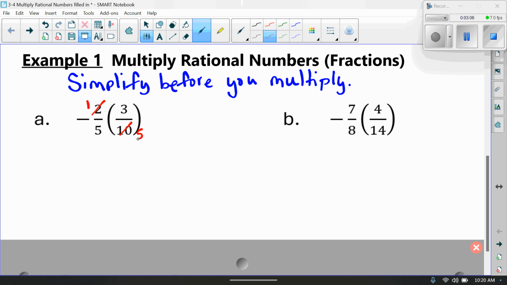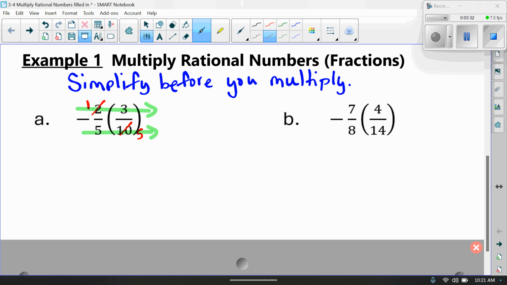So now when we multiply, we are going to multiply straight across. Now, before we do that, keep in mind, this is a negative times a positive. What is a negative times a positive? So remember, different signs, negative. The answer is going to be negative.